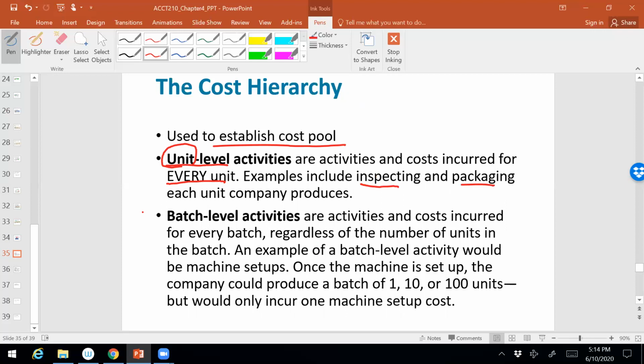If you inspect 1 unit, it costs you $1. You inspect 2 units, how much does it cost? $2, right? You inspect 5 units, how much does it cost? $5, you will tell me. So you can find out that it's related with each unit. So we call it a unit level.